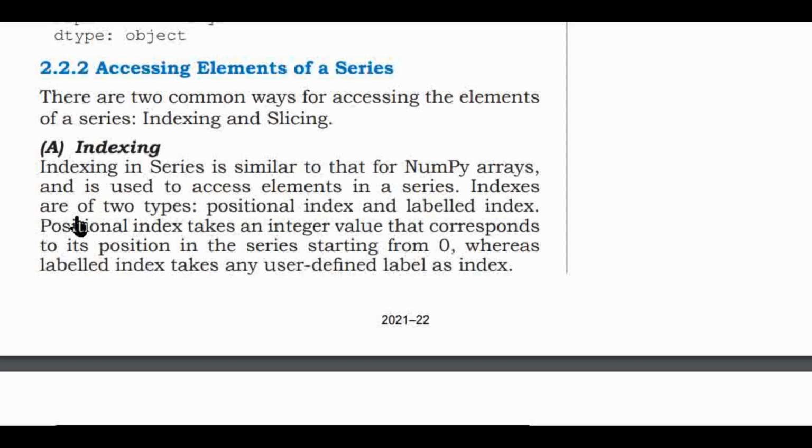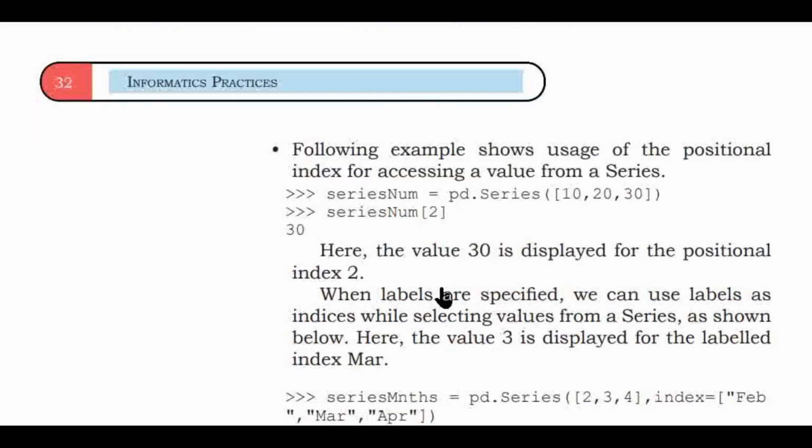Indexes are of two types: positional index and labeled index. Positional index takes an integer value that corresponds to its position in the series starting from 0, whereas labeled index takes any user defined label as index.